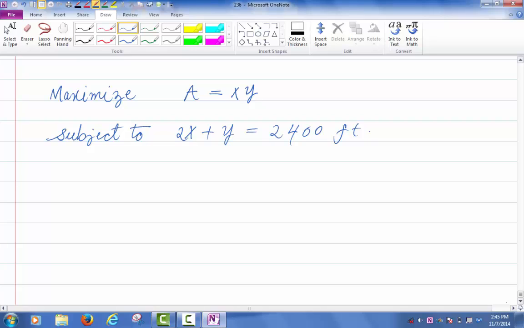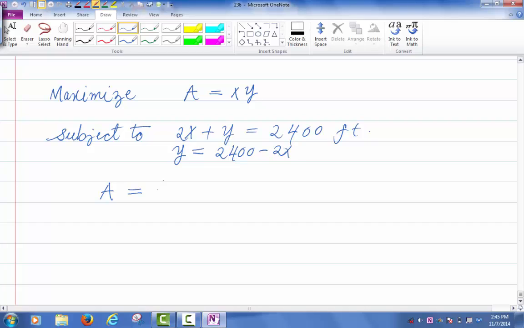Well, I have to express it in terms of one variable. So can I do that? Well, notice that I can rewrite my restriction equation, my constraint. I call that the constraint equation. I can rewrite that as y equals 2,400 minus 2x, right?